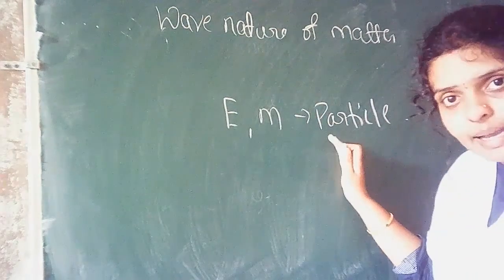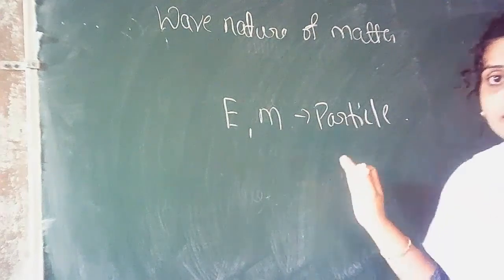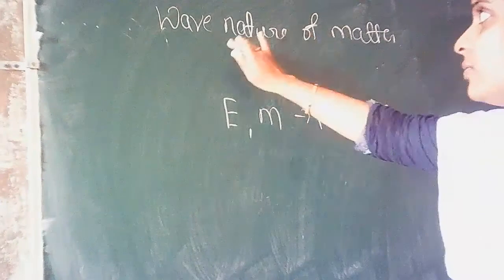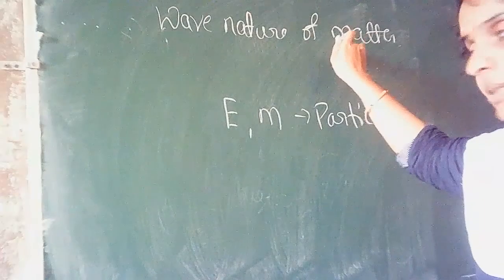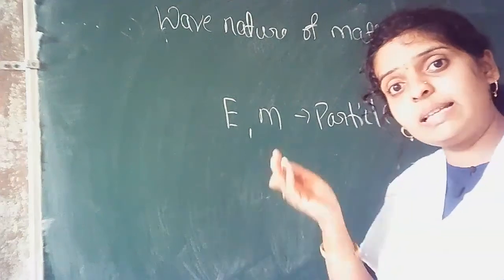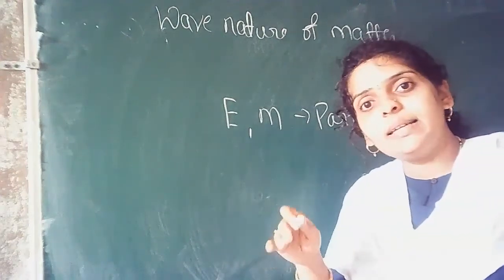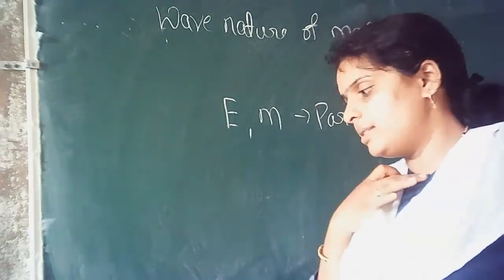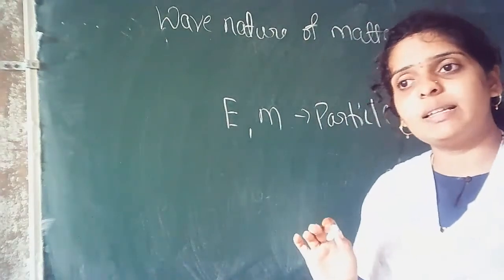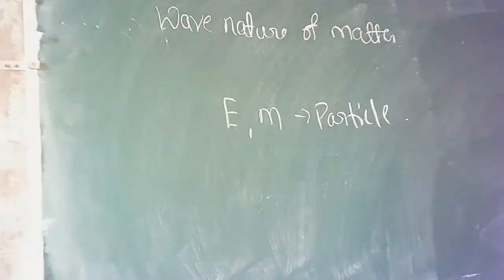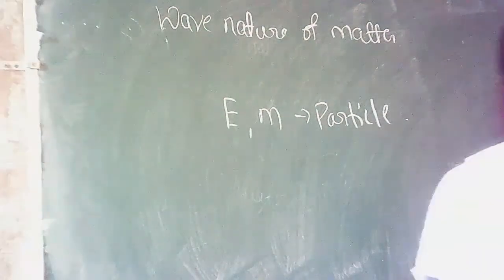So in the same way, what will De Broglie suggest? That is wave nature of matter, which means moving matter behaves as both particle nature as well as wave nature.